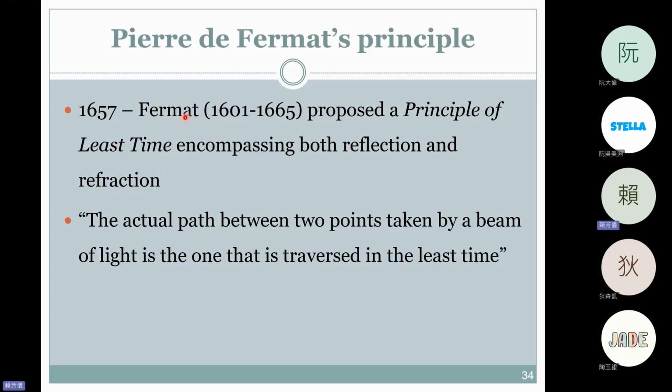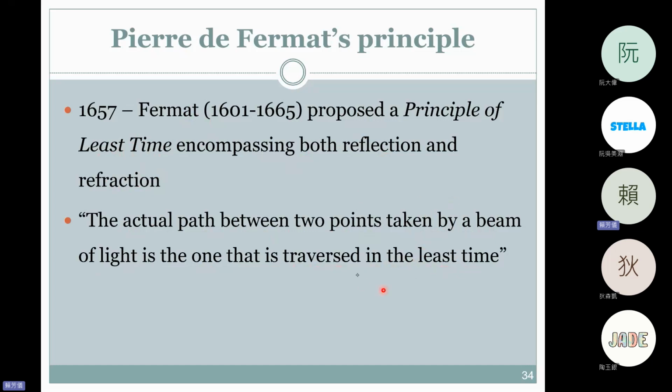So Fermat proposed another theory, that both reflection and refraction use the least time. The actual path between two points taken by a beam of light is the one that is traveled in the least time.